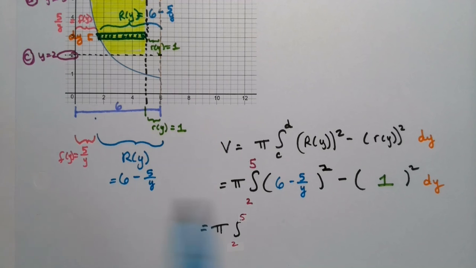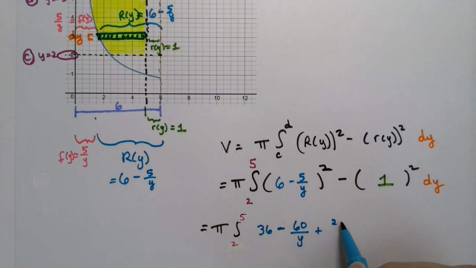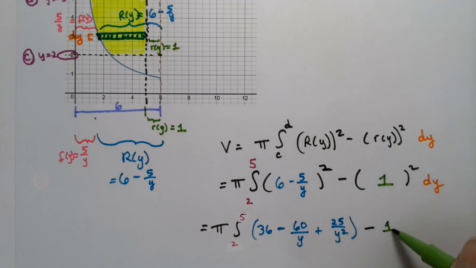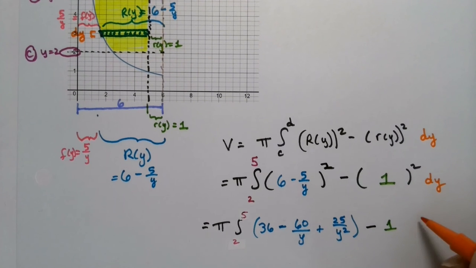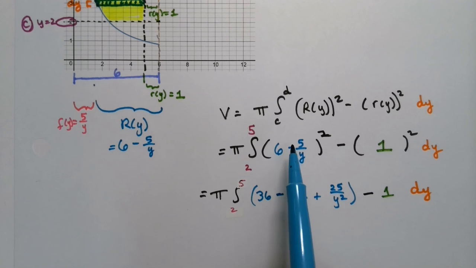When you FOIL this, it's 6 minus 5 over y times 6 minus 5 over y, which is 6 times 6, which is 36, minus 5 times 6 is 30, and there's 2 of them, so 60 over y, plus 25 over y squared, minus 1, right? 1 squared is 1. Again, to do this, I'm just FOILing, just distributing out. 6 times 6 is 36, 5 times 5 is 25, the y's get squared, etc.